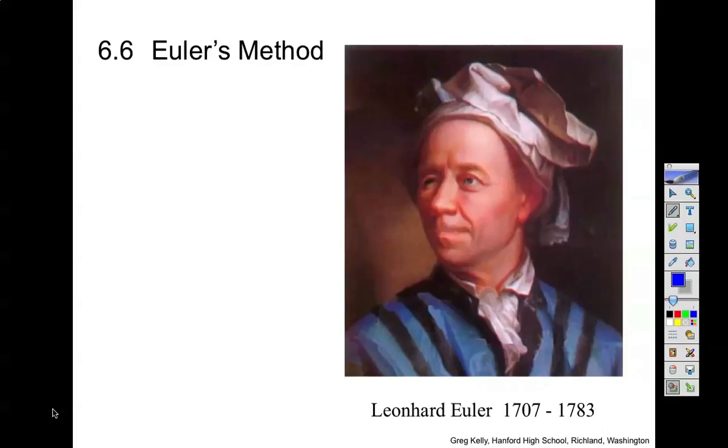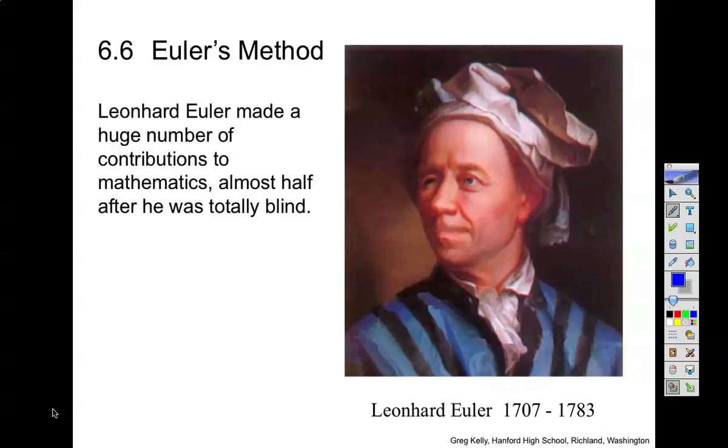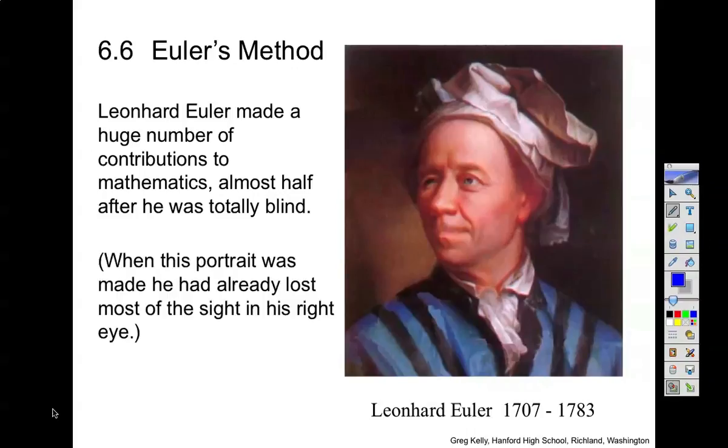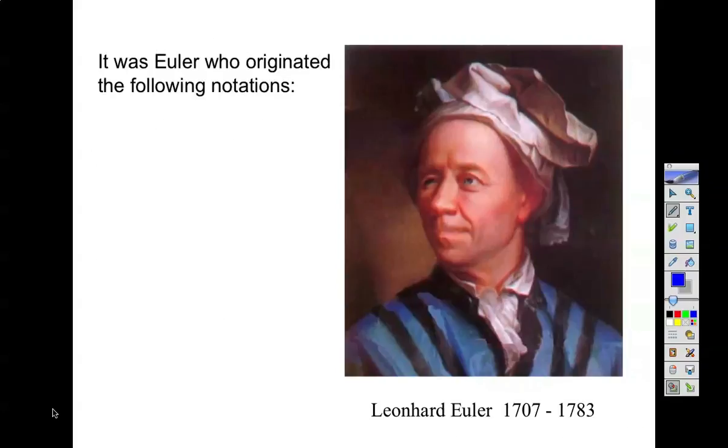All right, Euler. 1707 to 1783, little history lesson. Euler made a huge number of contributions in mathematics, almost half after he was totally blind. When this portrait was made, he had already lost most of the sight in his right eye. I did not make up this PowerPoint. This was stolen off the internet from this guy right here. I actually heard this guy speak at a conference one time. So yes, I didn't really steal it.